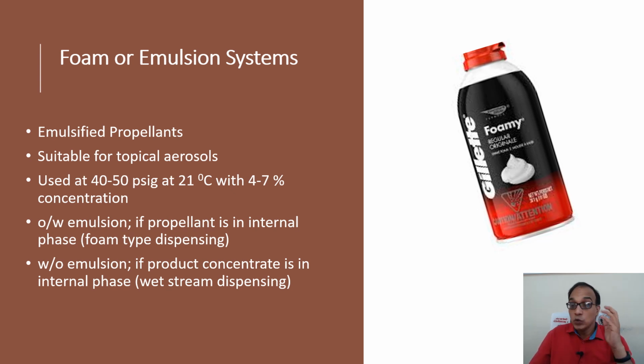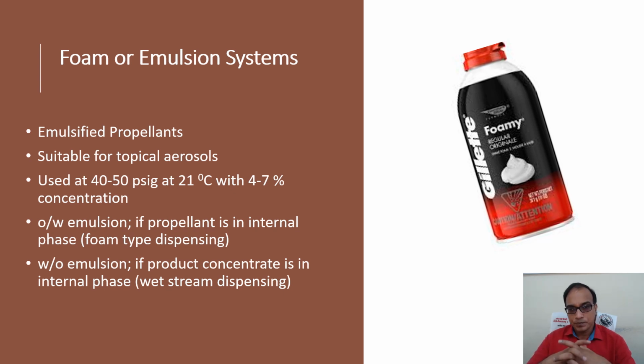They are used at 40 to 50 psig at 21 degrees Celsius with 4 to 7% concentration. It is an O/W emulsion, oil and water emulsion. If the propellant is in the internal phase, then foam type dispensing will be there.